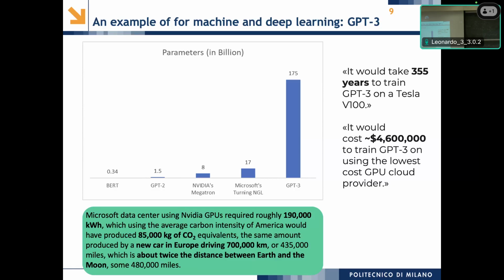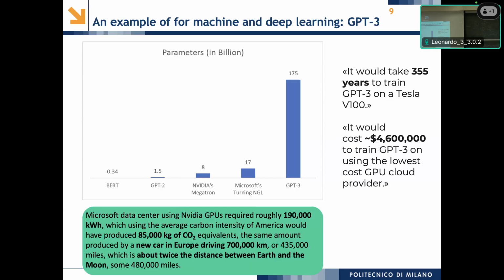So a European car is considered something green for them. It's the same as the full life cycles of 5 cars in Europe, from building the car up to when you dismiss the car, just for one training of ChatGPT-3.